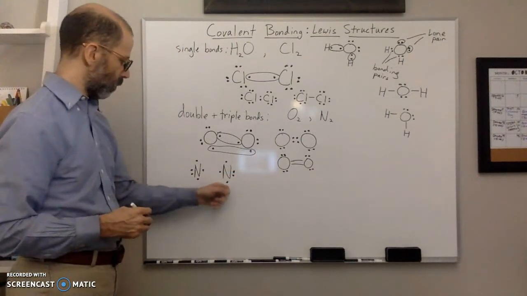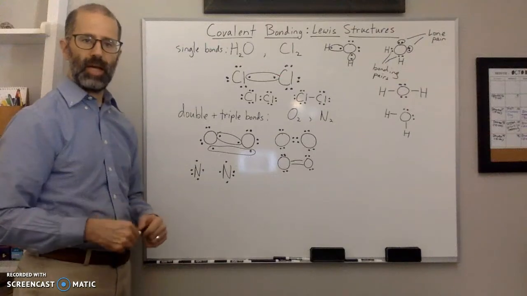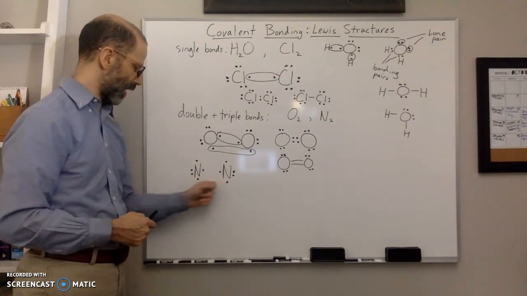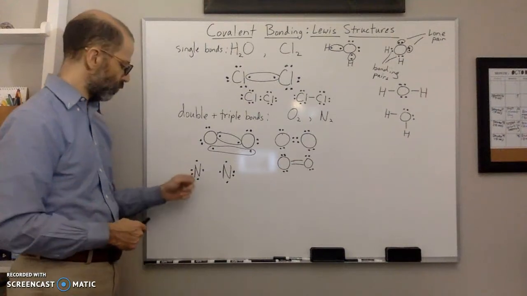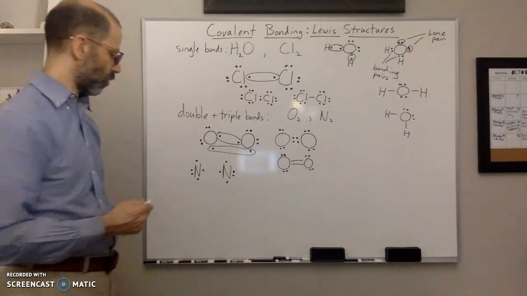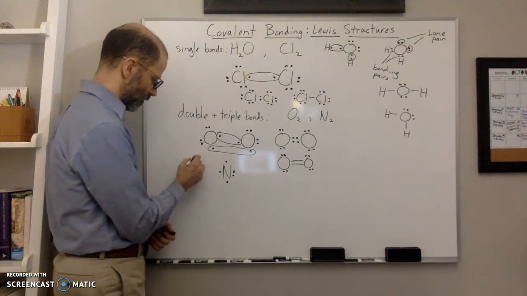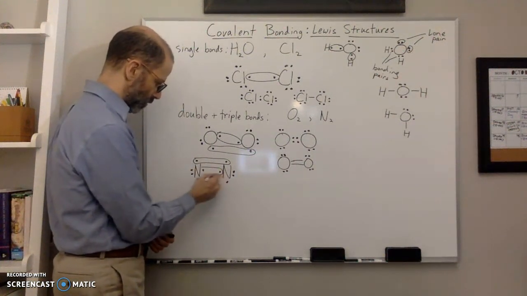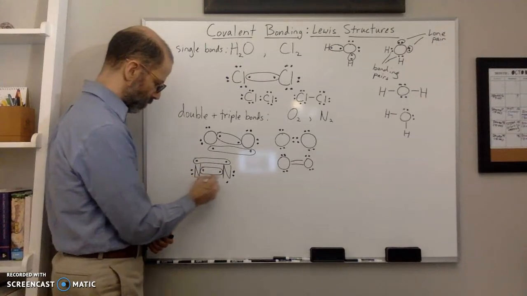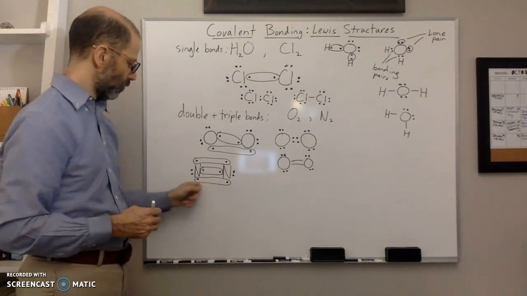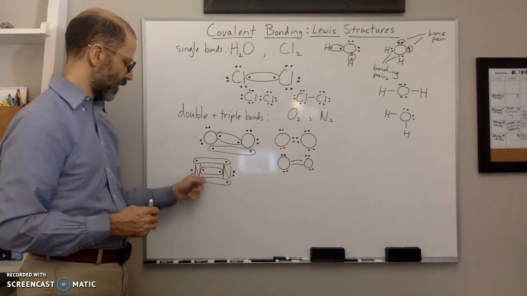So you'll notice that both nitrogens have 5 valence electrons and 3 unpaired electrons, so they're going to want to pair up 3 of these electrons. So you can pair these up, you can pair those up, and you can pair these up.